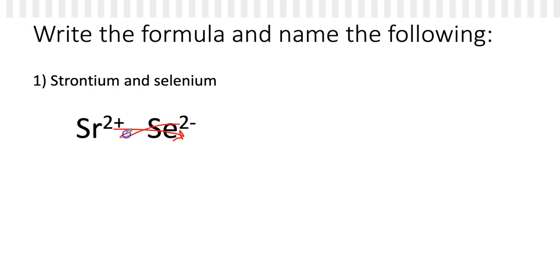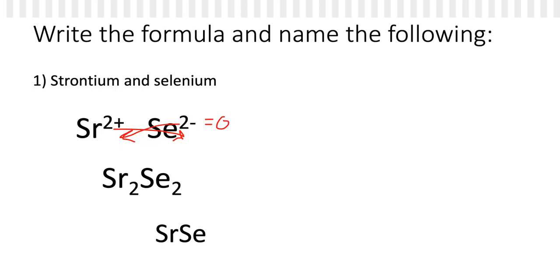And as you're doing that, you should come up with something like this for the formula. And then you'll realize as you're looking at that formula, wow, all I need to do is get these two to equal 0. 2 plus and 2 minus already equal 0. So of course we don't need 2 strontiums and 2 selenides to get there. And so we would simplify that formula to be this, SrSe.